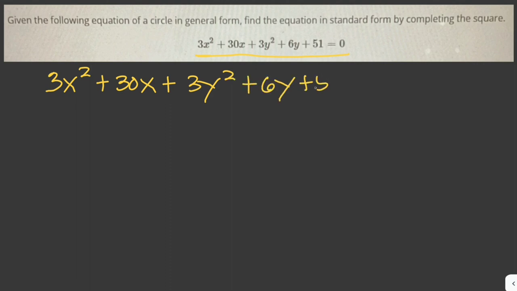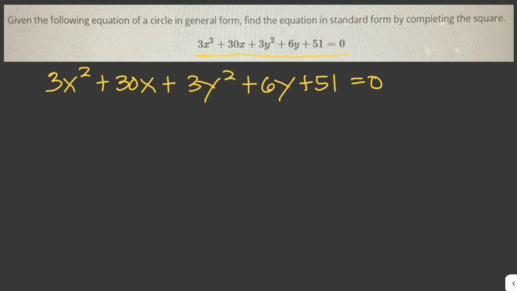Alright, let's solve another one. Given the following equation of a circle in general form, okay, the same. We write this equation in its standard form by completing the square. So that is 3x squared plus 30x plus 3y squared plus 6y plus 51 equals 0.